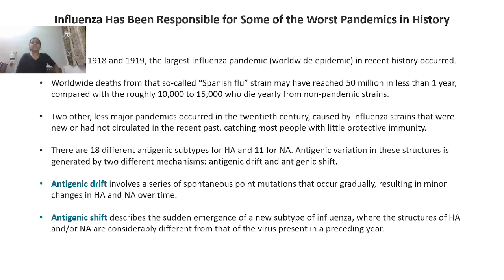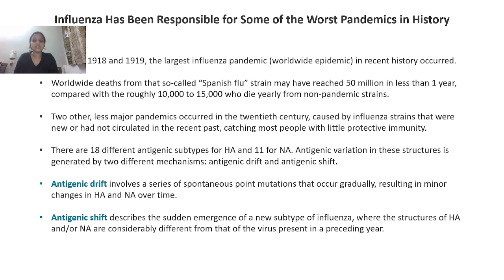As I already told, there are different kinds of antigens like NA and HA, and variation in the structures is generated by two different mechanisms: antigenic drift and antigenic shift. Antigenic drift involves a series of spontaneous point mutations that occur gradually, resulting in minor changes in H and NA over time.